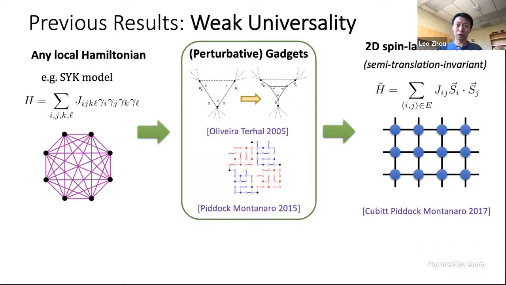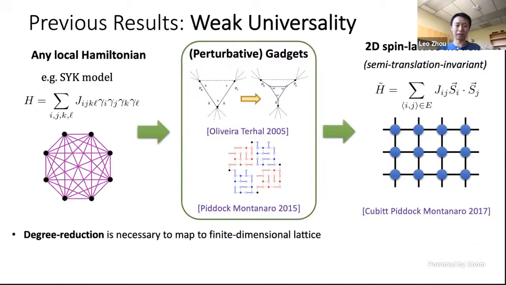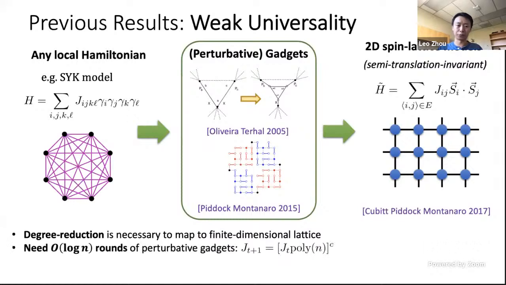Now, why are these Hamiltonians only weakly universal in the original construction? Well, that's because if you have a dense interaction graph like the SYK model, you need to apply degree reduction many times to map it to a finite dimensional lattice where the interaction graph has finite degree. In general, you would need log n rounds of perturbative gadgets.